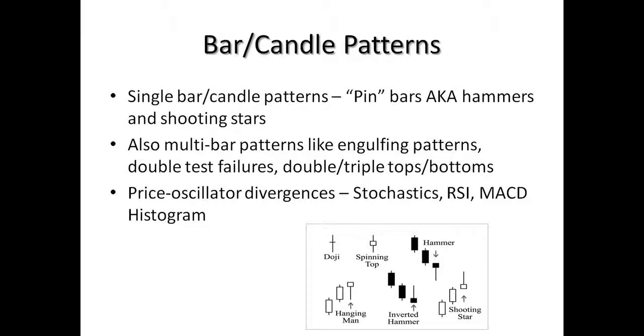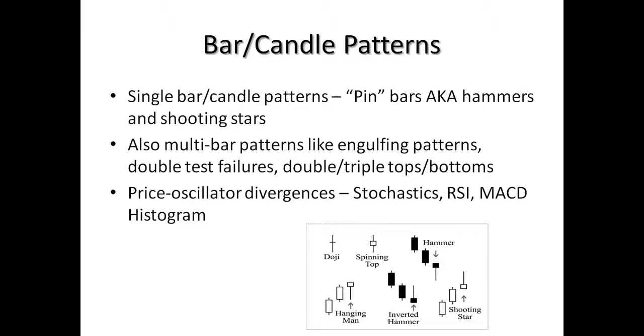I will take a trade because the price oscillator divergence is contributing to my decision to take that potentially high probability trading opportunity. So what is a price oscillator divergence? It's simply a divergence between price and the oscillator, a difference between price and the oscillator. It's a disagreement, if you will.